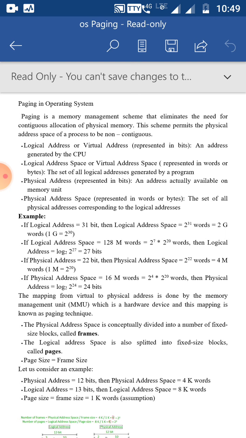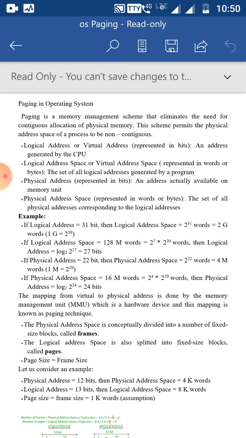Are you clear? Next, come to understand. The instruction available at 12 is executed, then 37. So 37 means page number 3 and offset 7, so again the page map table is going to be referred to. For page number 3, the frame number is 20, I think: 5, 10, 15, 20.